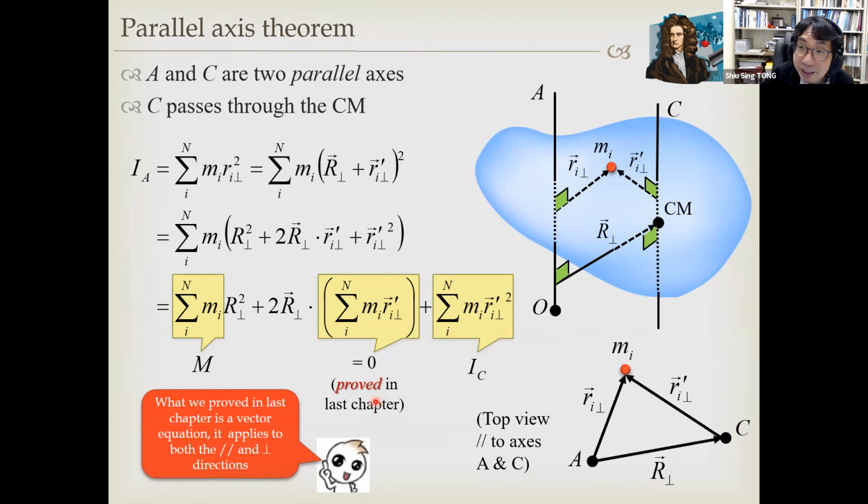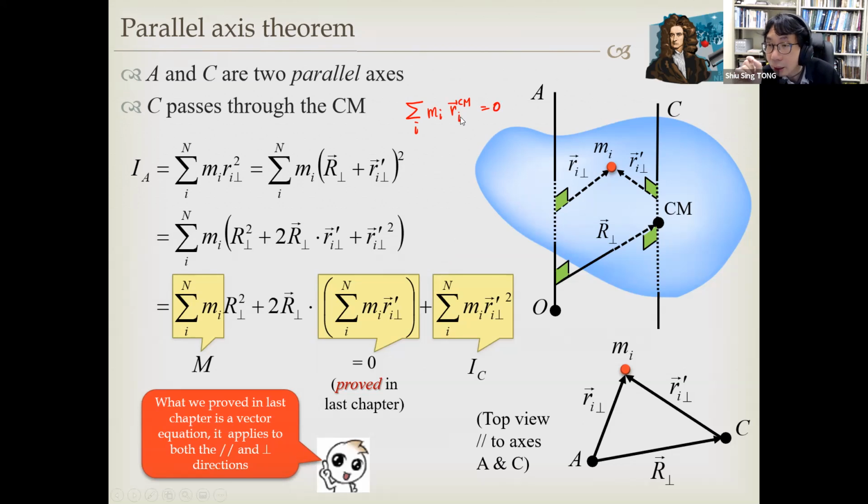Do you remember that? Do you remember this formula? We proved that in this formula, we say summation mi RiCM is equal to 0. This is the property of center of mass.